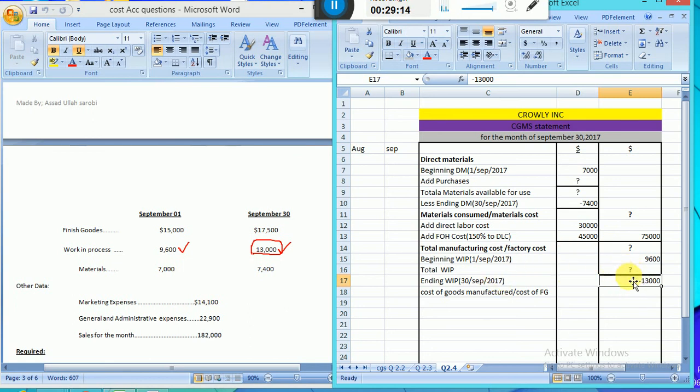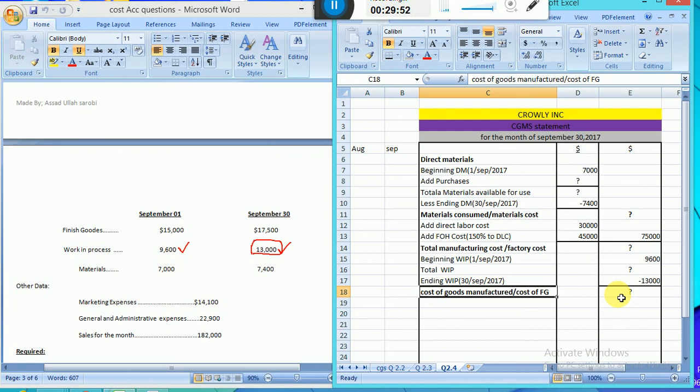Total work in process minus ending work in process gives cost of goods manufactured. So unknown minus 13,000 is still unknown. The reason is that we don't know the total work in process. When we subtract the ending work in process of 13,000 from the total work in process, we will know how much the cost of goods manufactured is. The total work in process is unknown yet, so the result is also unknown.